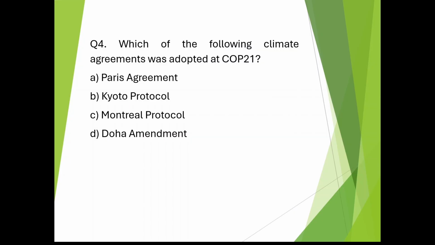Here is the fourth question in front of you all. Try to give an answer to the fourth question as well, like you have given to the previous questions. Which of the following climate agreements was adopted at COP21? What was the name of that agreement? Try to give an answer to this question.